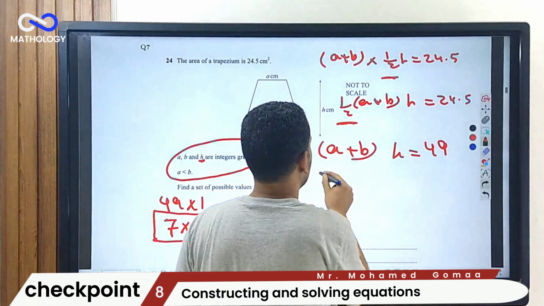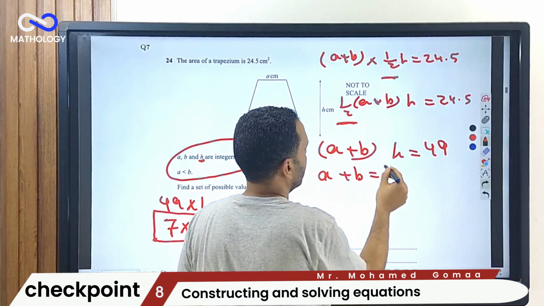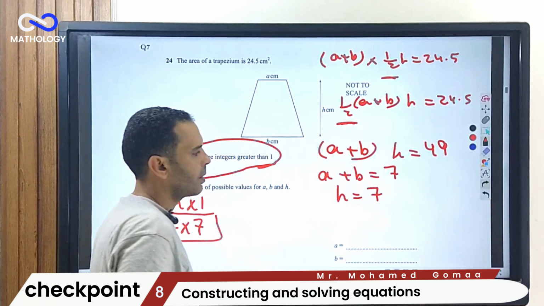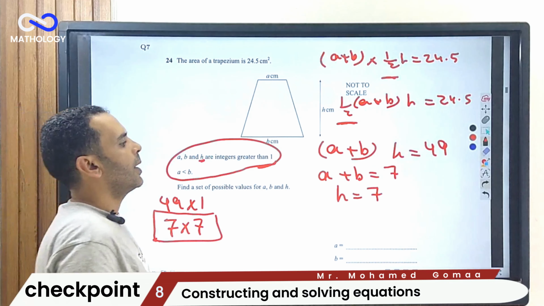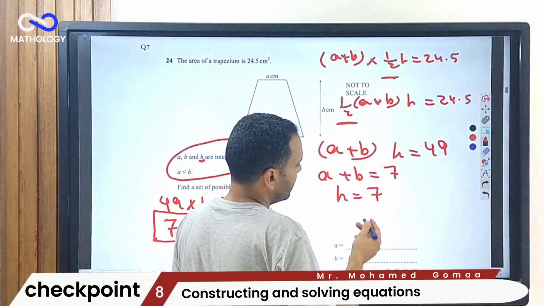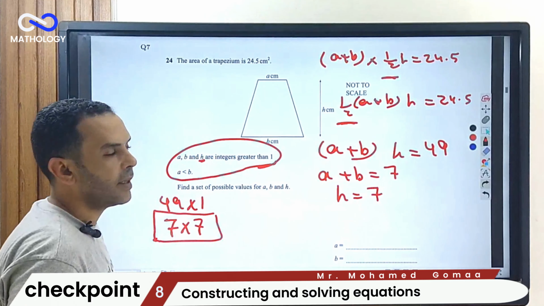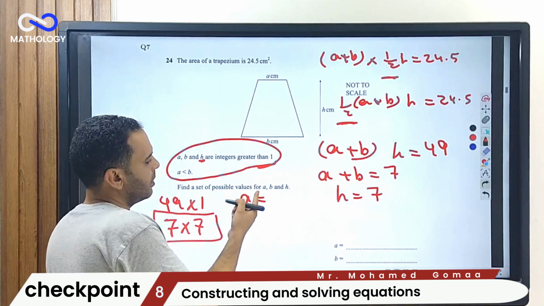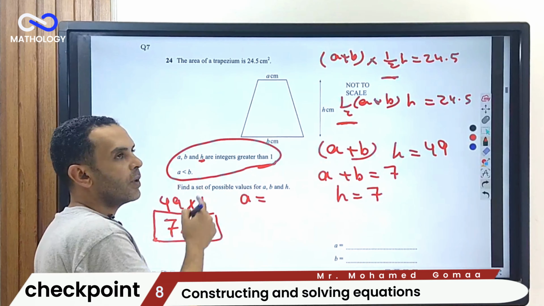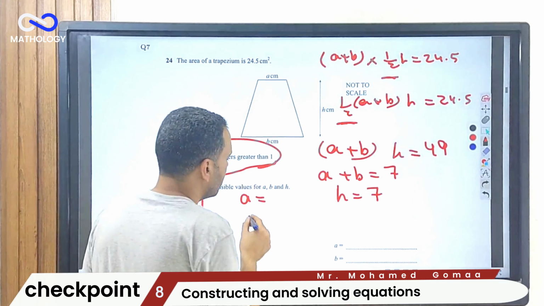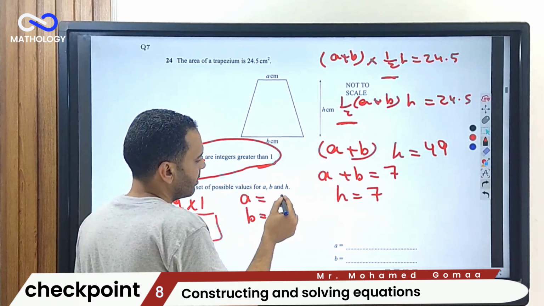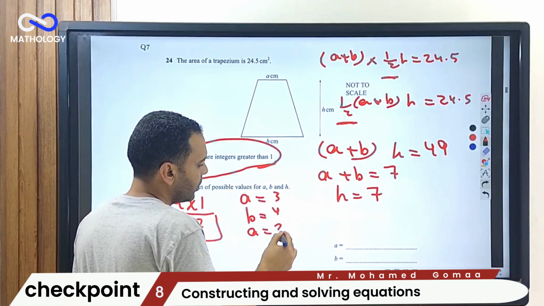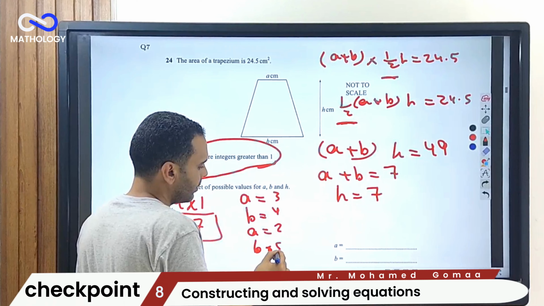That means a plus b equals 7 and h equals 7. Here he said that a is smaller than b, so a may be 3 and b 4, or a 2 and b 5.